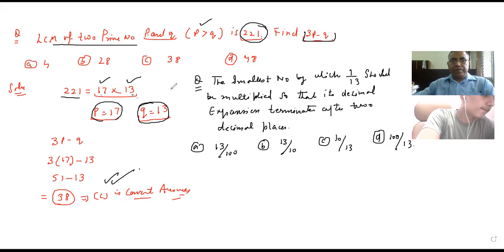Sir, option A. Who is saying A? Chinmay is saying A. Great. Ask the others. Sir, option A. Who is this?